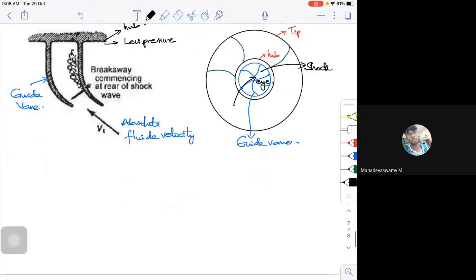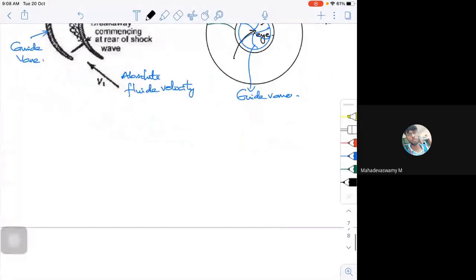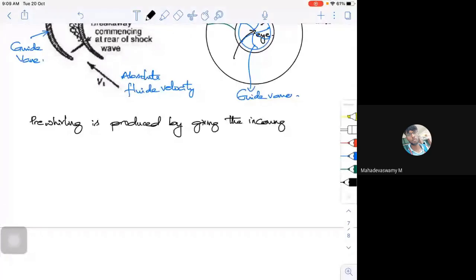Pre-whirling is produced by giving the incoming fluid, that is air or whatever it may be, a small whirl component.